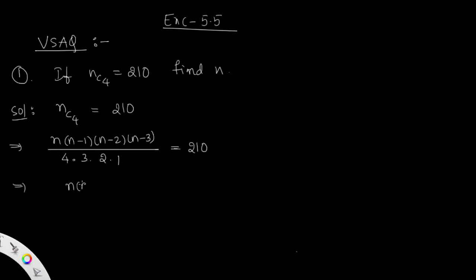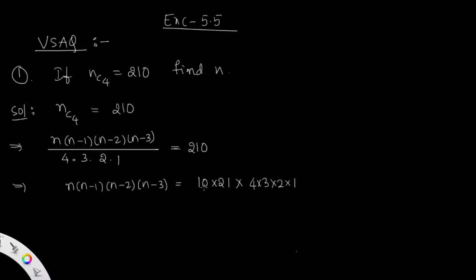So n into (n minus 1) into (n minus 2) into (n minus 3) equal to 210, which can be written as 10 into 21, and then the denominator sent to the right-hand side, 4 into 3 into 2 into 1. Next simplify.